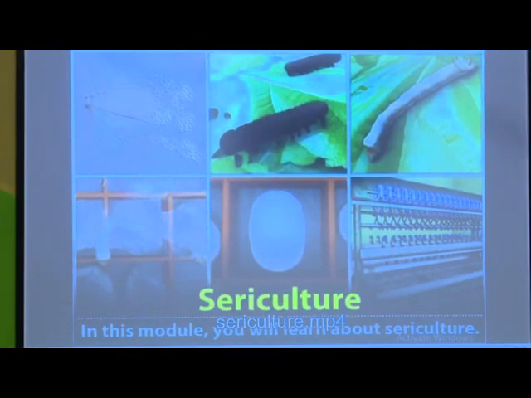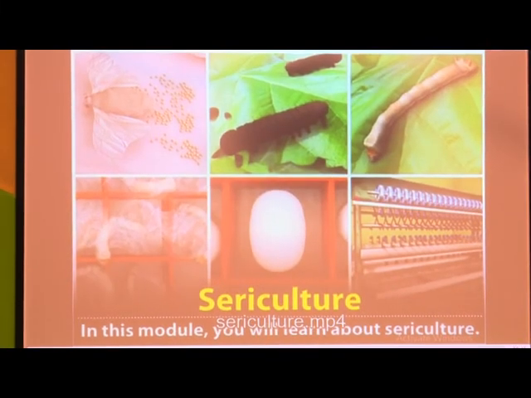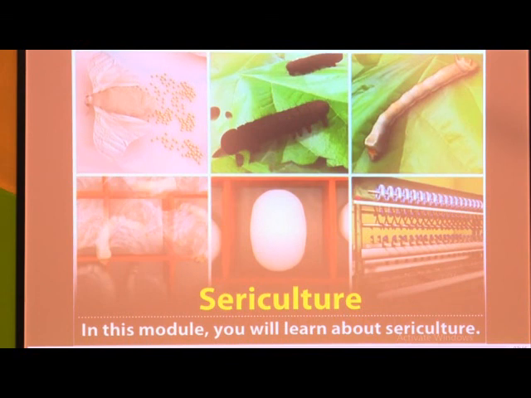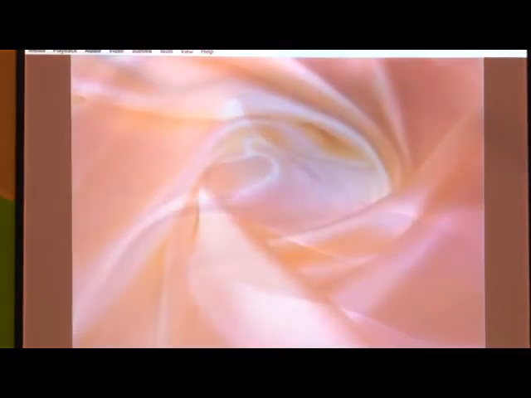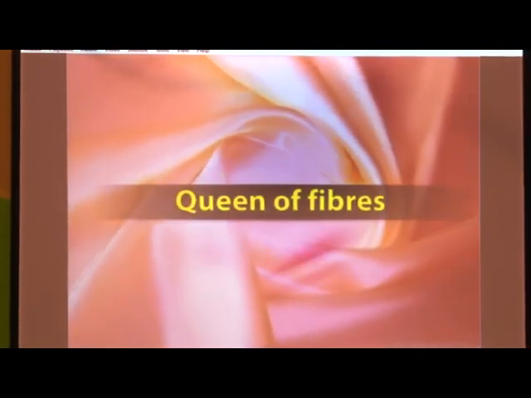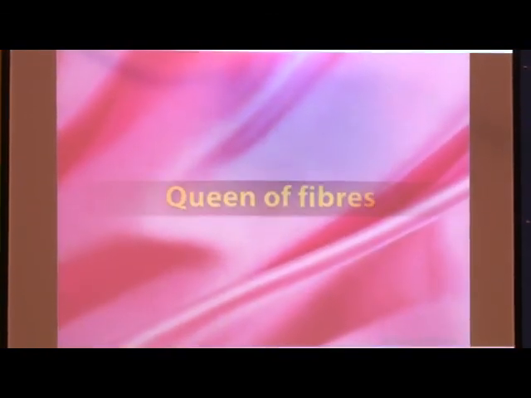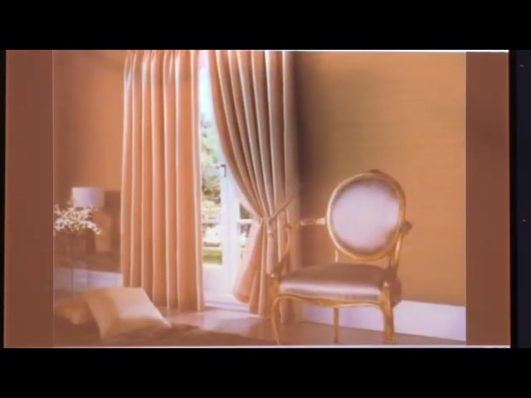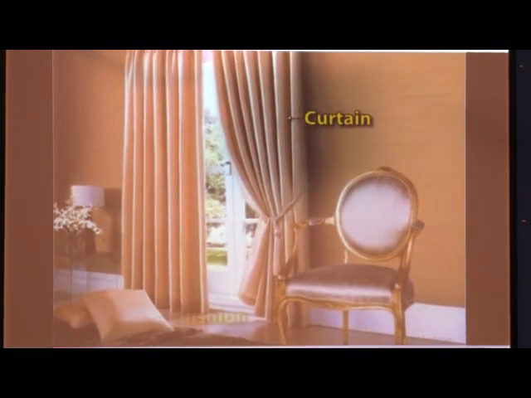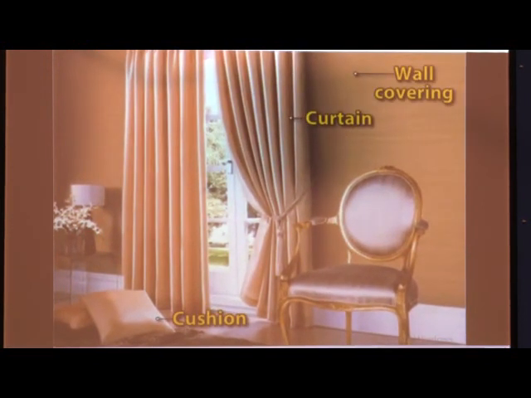Sericulture. In this module, you will learn about sericulture. Silk is a fabric with an attractive luster and drape. Called the queen of fibers, it is used not only to make beautiful clothing, but also for upholstery and soft furnishings such as curtains, cushions, and wall coverings.